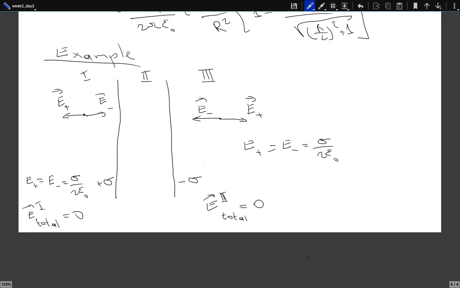Now let's pick some random point in between the plates. What will be the direction of the electric field created by the positive plate? It will be towards the right. What is the direction of the electric field created by the negatively charged plate? It will also be towards the right.